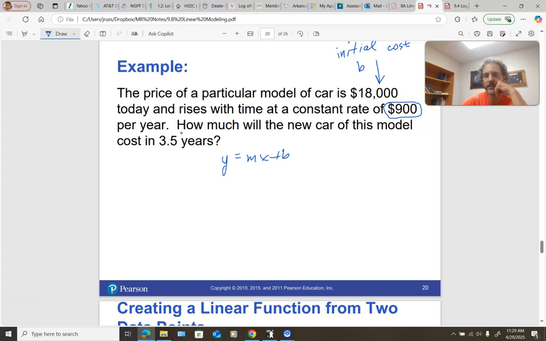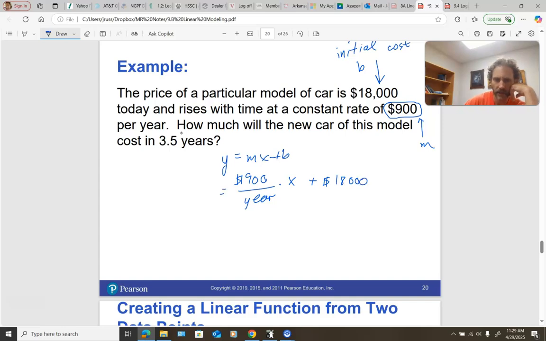All right. So I know that my rate is $900 per year, so I'm going to plug that in for m. $900 per year times x plus the initial cost, which is $18,000.